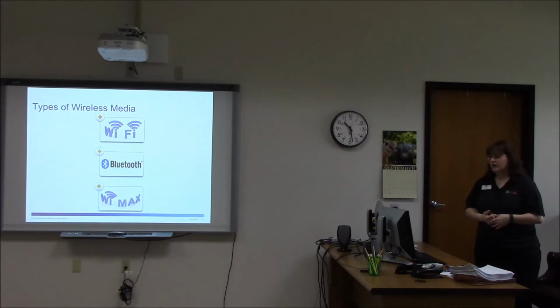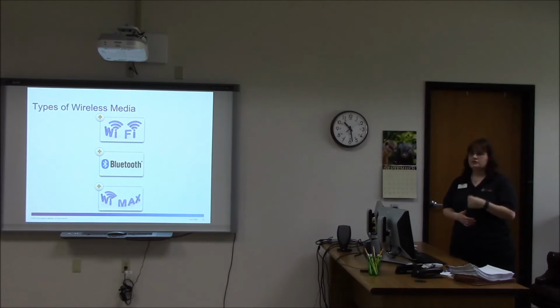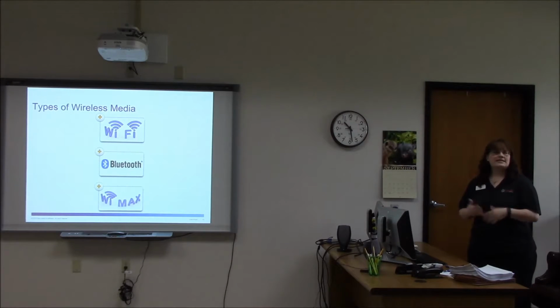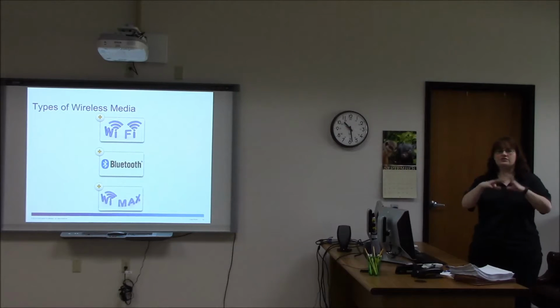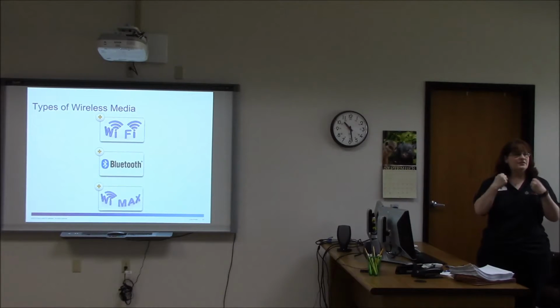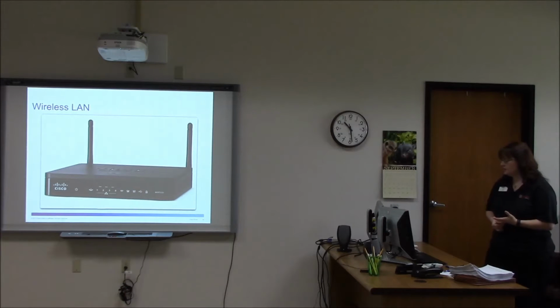It's really cool. Then I have WiMAX. That is wireless broadband internet access. There's a local company called Zoom Broadband. They sell WiMAX. So if you've ever worked with them, it's the same thing as having cell phone reception. Essentially, there's towers that give off WiMAX signal. You have a device that grabs that signal and lets you get on the internet with it. But those are all examples of wireless technologies.